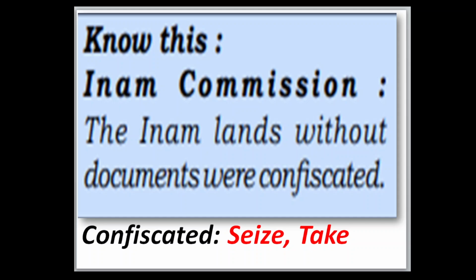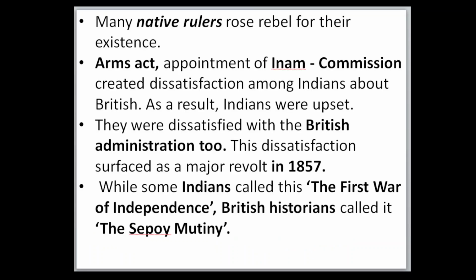Now they made a rule that every land should have documents, and whichever land didn't have a document would be handed over directly to the British. By this, many Indians were dissatisfied and not happy, and many started against them.